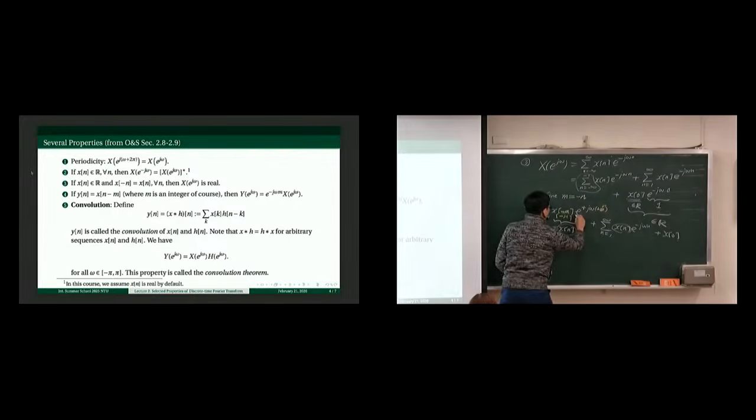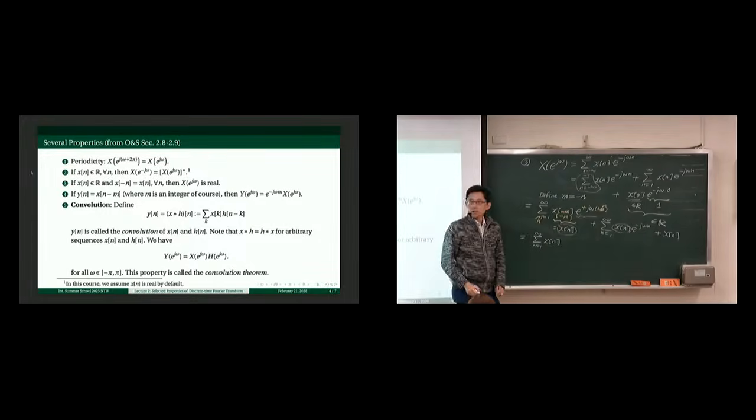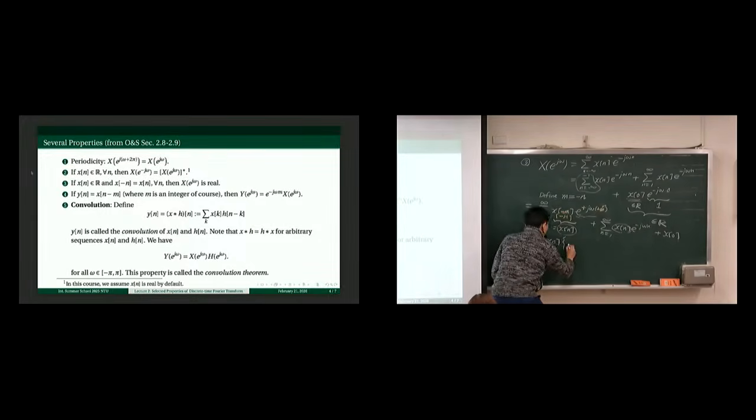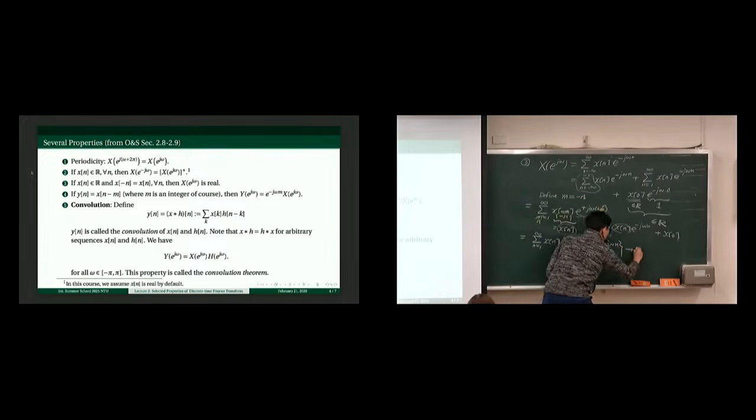The only difference between the 2 summations is that here we have e to the plus something, and there we have e to the minus that thing. So now we have e to the plus j omega n plus e to the minus j omega n, and let's also not forget the last term. Still, we copy it right here.